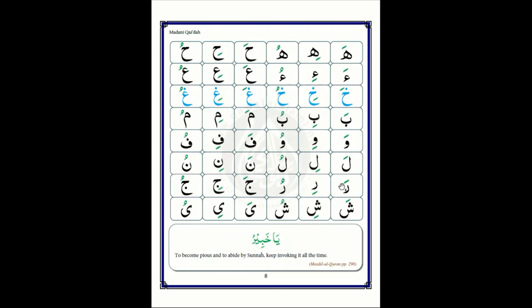Ra zabr ra, zir ri, pesh ru. Jim zabr ja, jim zir ji, jim pesh ju. Shin zabr sha, shin zir shi, shin pesh shu. Ya zabr ya, zir yi, pesh yu.